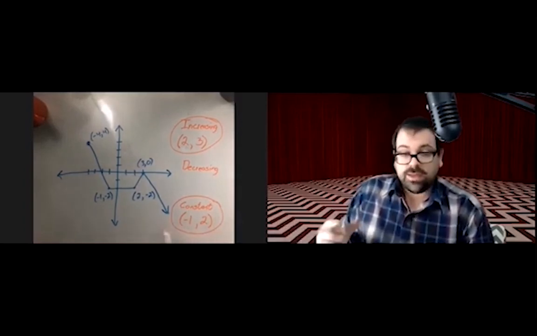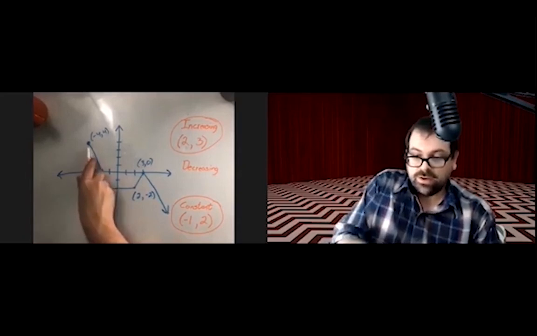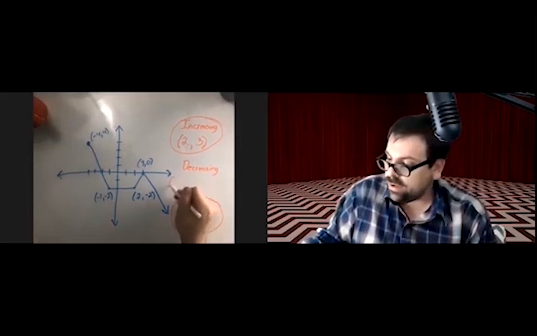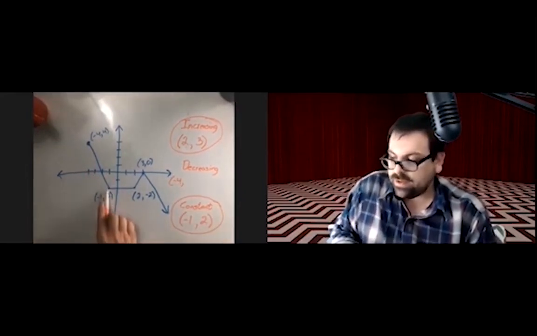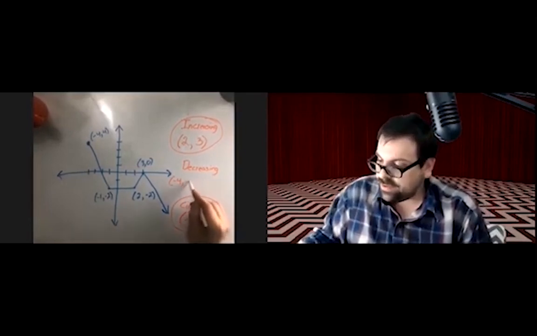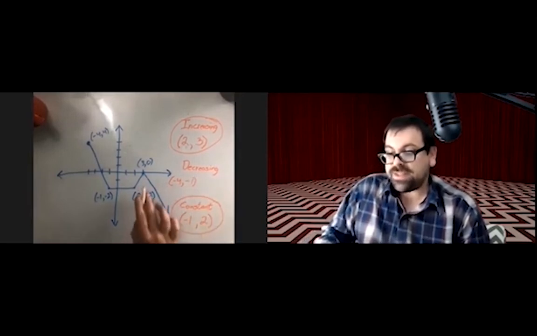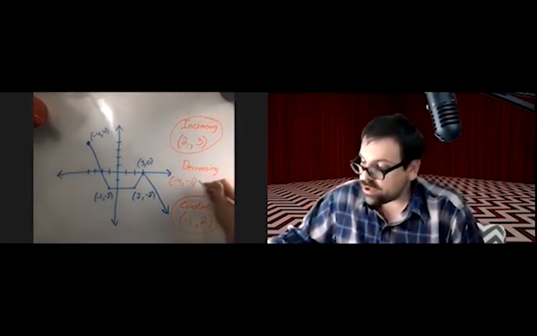Okay, decreasing. From left to right here, the x value -4, and then we decrease to here, the x value -1. We have a second interval where we are decreasing, so we're going to join this. We're going to union it.